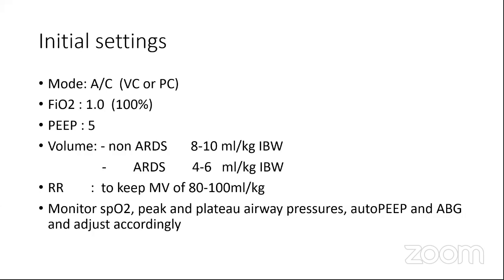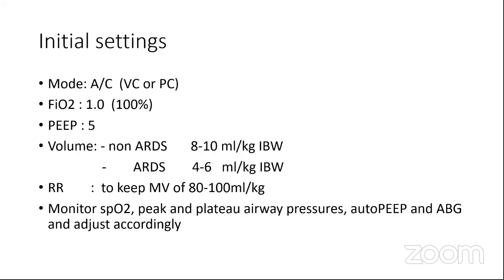So how do you initially set your ventilator? As we said, you would always start with a controlled mode or assist controlled mode, which is volume controlled or pressure controlled. You would always start on 100% oxygen. You can decrease it later if the patient is over oxygenated.